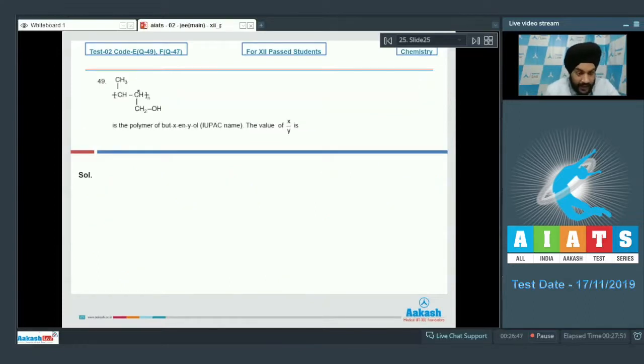So we have been given a polymer and it is told to us that this is the polymer of but-X-en-Y-ol. So the IUPAC name of the monomer is given to us. We have to comment on the value of X by Y. Students, if you look at this given polymer, we can clearly see that its monomer must have been this compound, and this must have polymerized by the addition polymerization or the free radical polymerization.